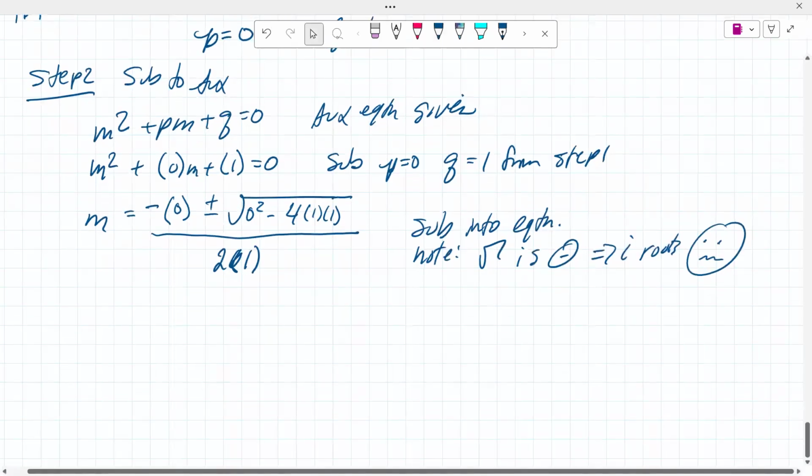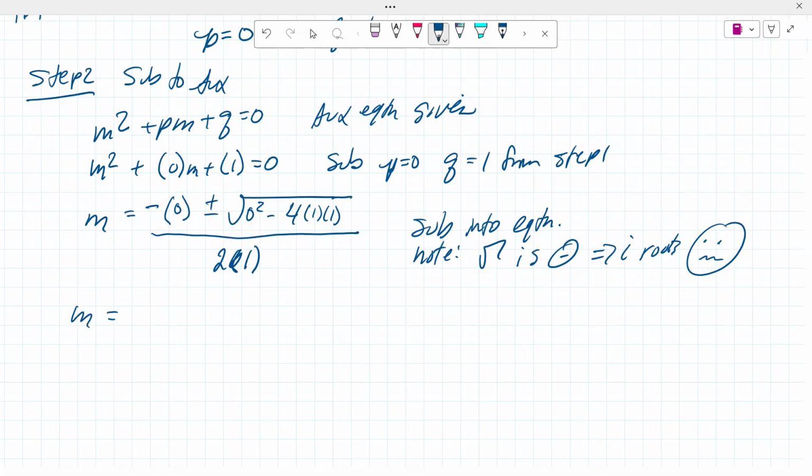Okay, so let's go ahead and clean this up. M equals plus or minus square root of negative 4 over 2. What's the square root of minus 4? Equals plus or minus 2i over 2.